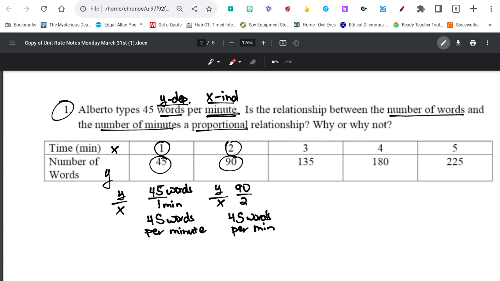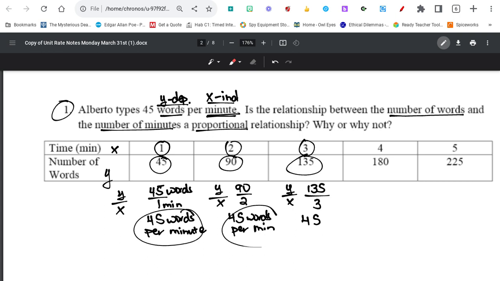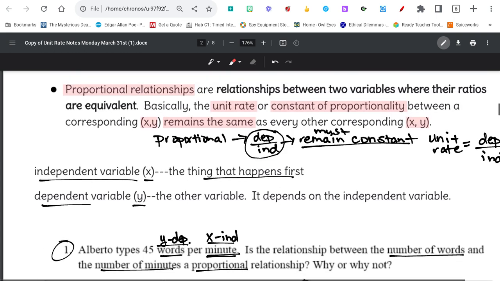Okay? Now let's take the third y, the third dependent one, which is 135 words, and divide it by the corresponding x, which is 3. So using your calculator, punch in 135, then divide it by 3, and we also get 45. So far I'm getting 45, 45, 45. If I continue to get 45 all the way throughout, I'm going to say it's proportional, okay? Because it's remaining constant.